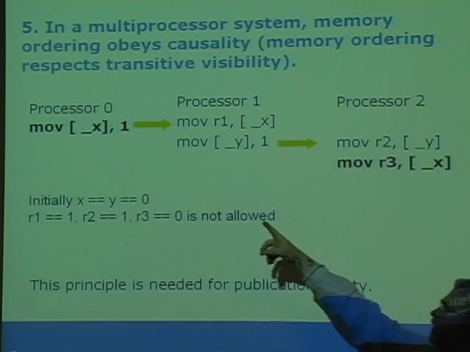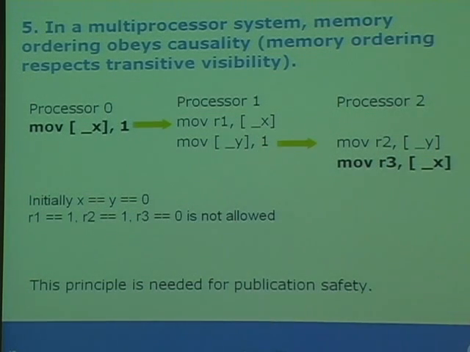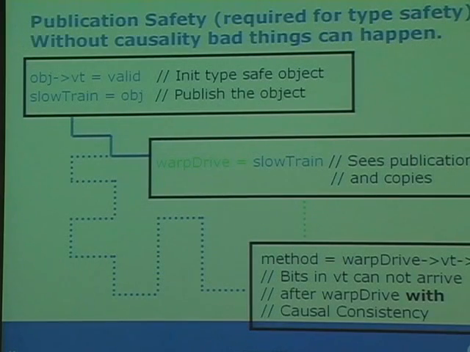He will have to see the 1 that was written. So this seems like an odd thing to require in a memory model, but let me show you why this is critically important to building systems.